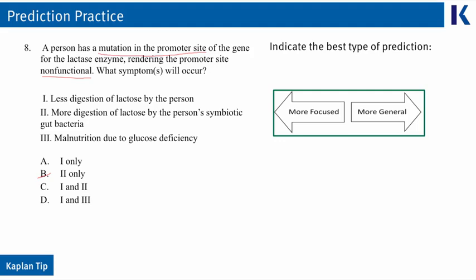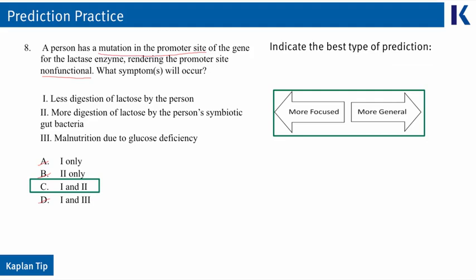This is actually part of the explanation for why individuals with lactose intolerance, which can be due to lack of the lactase enzyme, often get flatulence and diarrhea as symptoms when they ingest dairy products. So in this case, we would expect Roman numeral 2 should show up in the answer choice, and we can knock out answer choices A and D, leaving us with the correct answer, answer choice C.